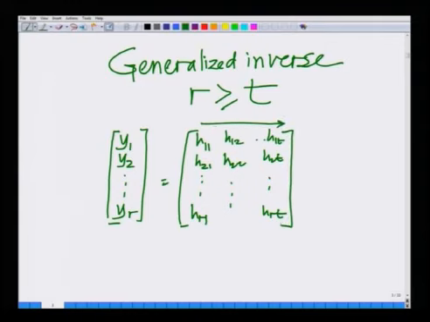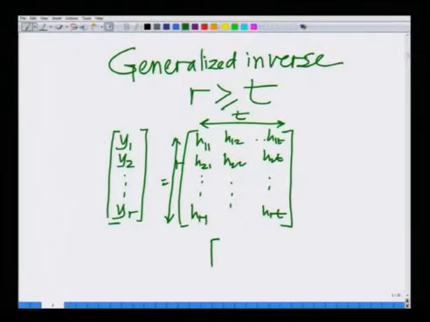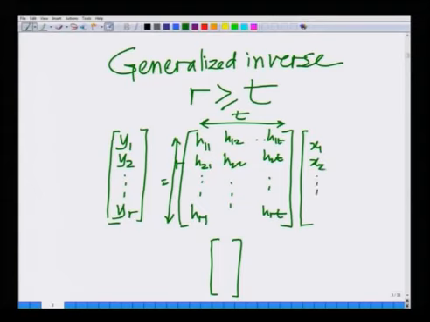Remember, the width of this is T, that is, the number of columns is T, the height of this matrix is R, and R is greater than T, which means it is thin and tall. The matrix has more rows than it has columns. So, the matrix looks something like this. Alright, it is a thin matrix times x1, x2 up to xt plus n bar.